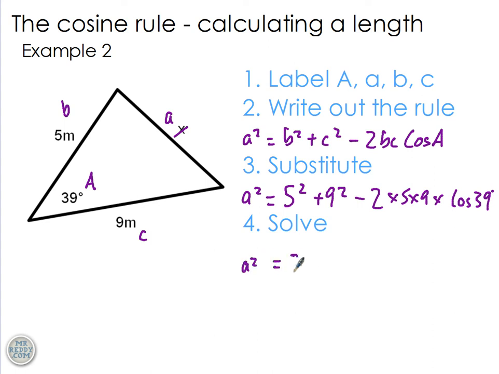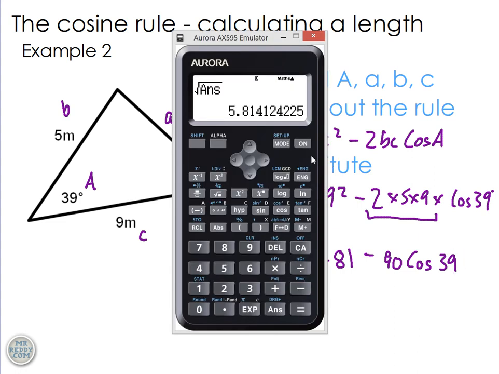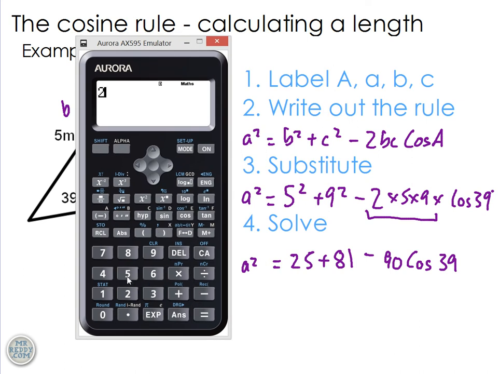A squared equals 25 plus 81. Take away. That makes 90. 90 cos 39. Do that on your calculator. Let's clear that. So 25 plus 81.